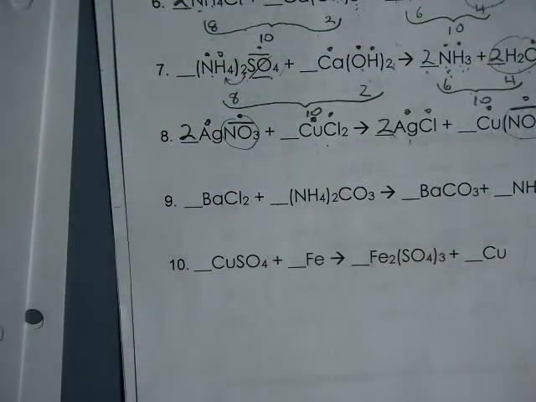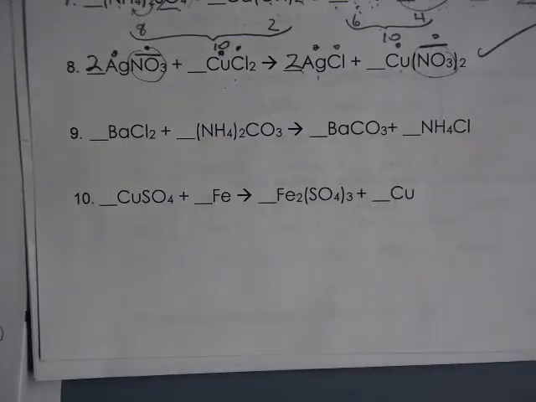Okay. What do we notice? We notice that there are actually two different polyatomic ions that exist in their whole forms on both sides. We have the ammonium ion and we have the carbonate ion. So this guy is going to be like falling off a log easy.